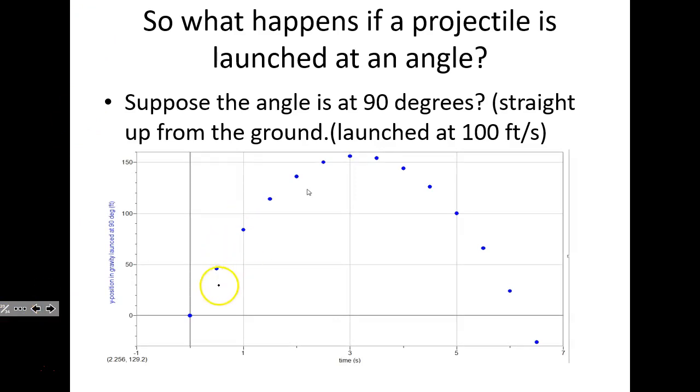This is versus time, so this is not showing the x position. This is showing the y position in gravity launched at 90 degrees. If we start here at the origin, we're going to rise to a certain location. This is the maximum height in y that we're going to reach, and then it's going to come back down.